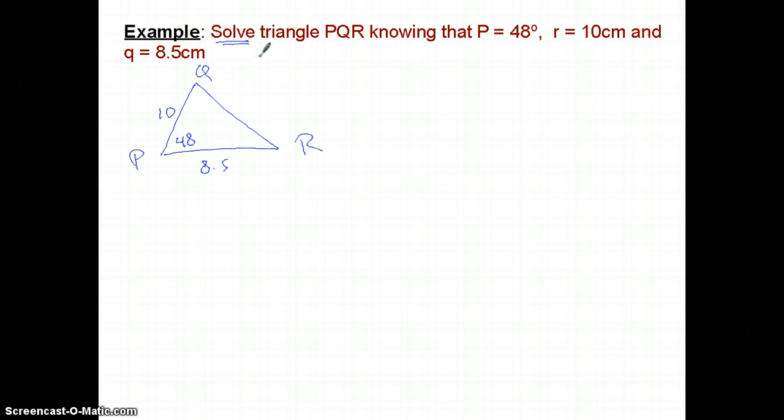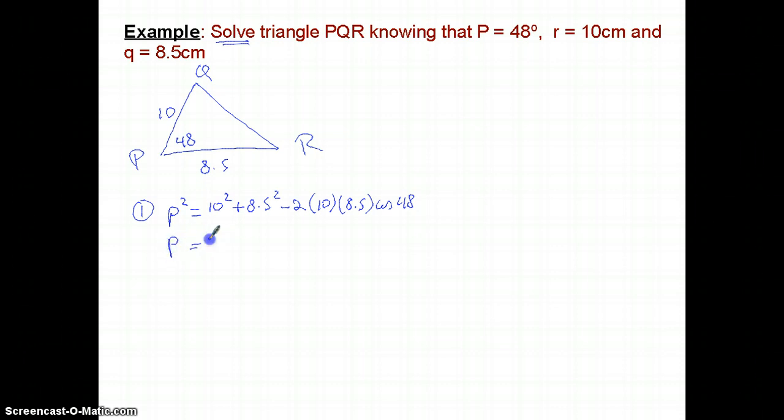So I'm going to start with trying to find this side. I'm going to have to use cosine law, and I don't have that one, that's small p. p squared is equal to the other two sides squared minus 2 times 10 times 8.5 cosine of the opposite angle, which in this case is 48.